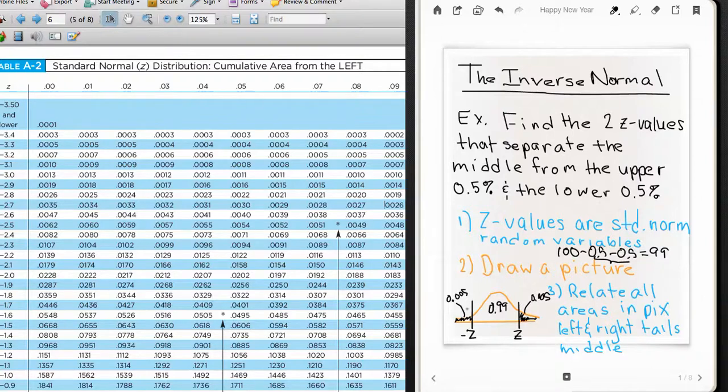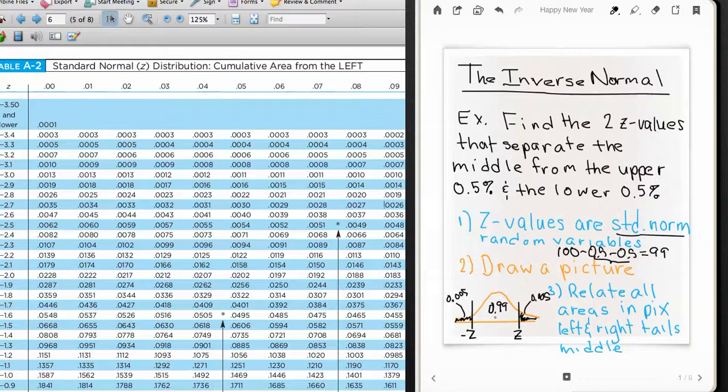Now all of these different ways of looking at it, relating the areas in the left tail and the right tail or the middle of the distribution, are very, very important to understand. Now the other thing that we need to understand is that we are finding the z-values, the values from the standard normal distribution, that will place these particular ones.